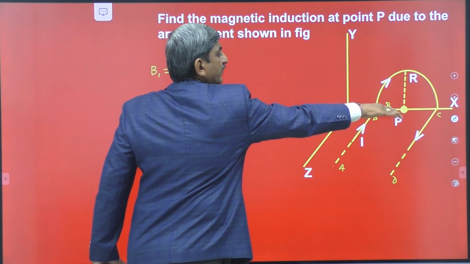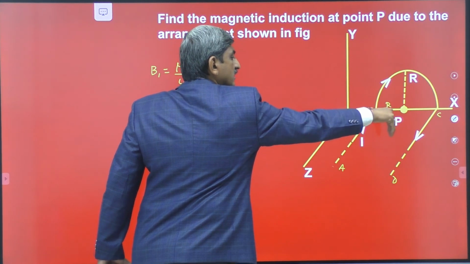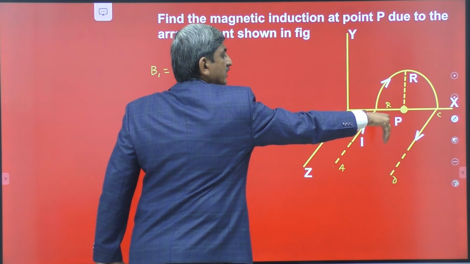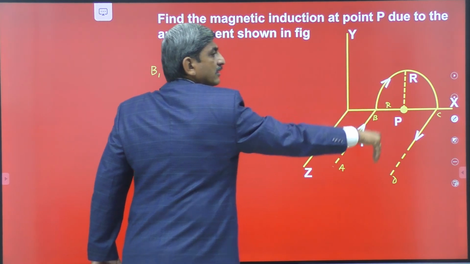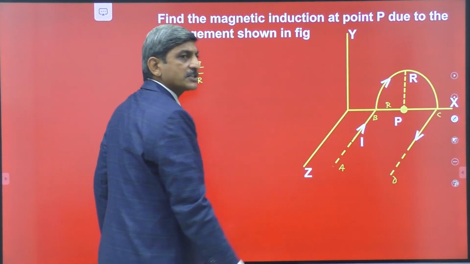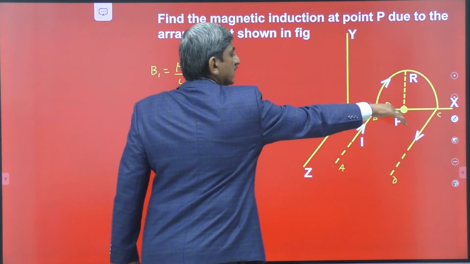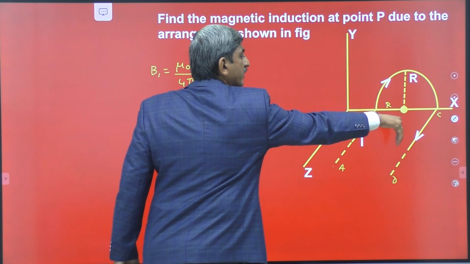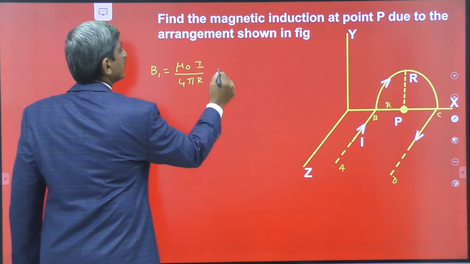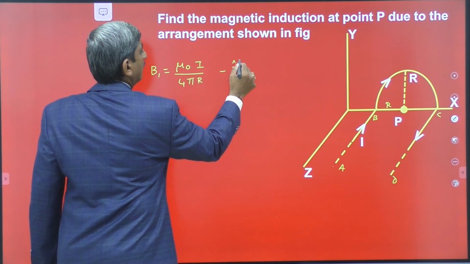That's why whenever you curl the fingers, the curling fingers act in the vertically downward direction. What is the unit vector used? We know that i, j, k are the unit vectors used along the XYZ axes. Due to this AB portion, the magnetic field is produced in the vertically downward direction, that is along the negative y-axis direction. That's why B1 is equal to mu naught I divided by 4 pi r into minus j cap.